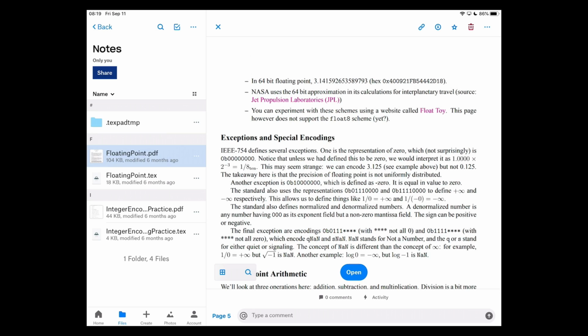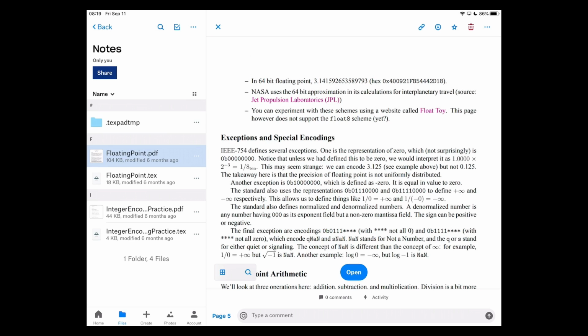Now, there are two other sort of exceptions. So we've talked about plus and minus 0, and therefore plus and minus infinity. There are two other kind of weird encodings which encode the concept of not a number. This might seem a little weird: why would you need something separate for not a number if you've already got something for plus infinity?